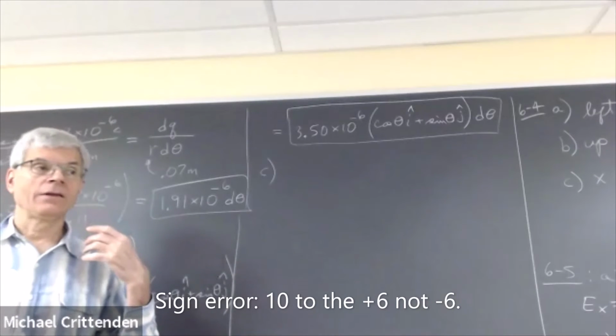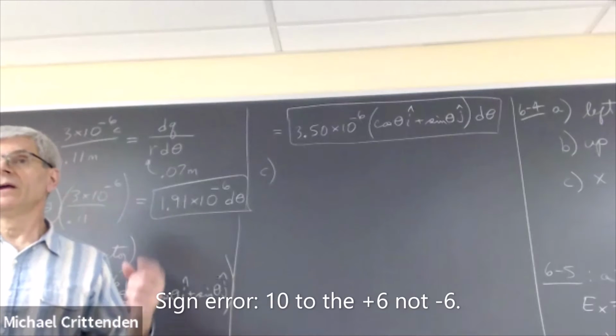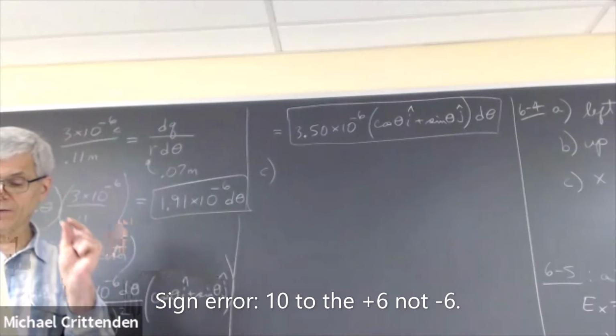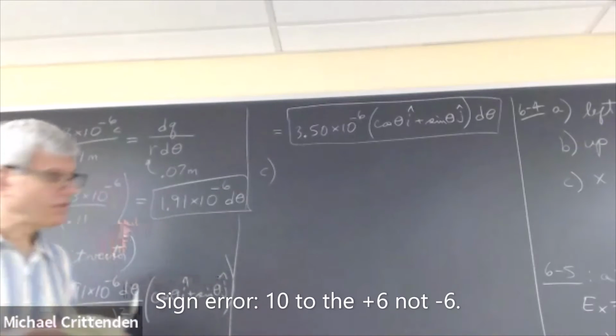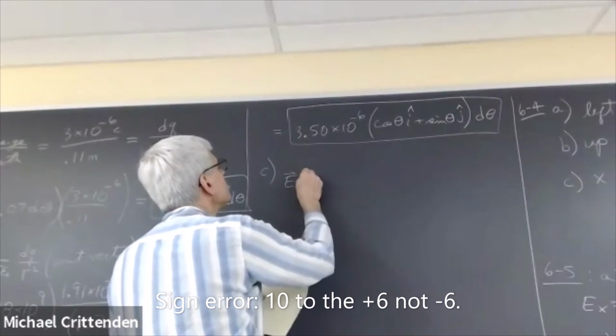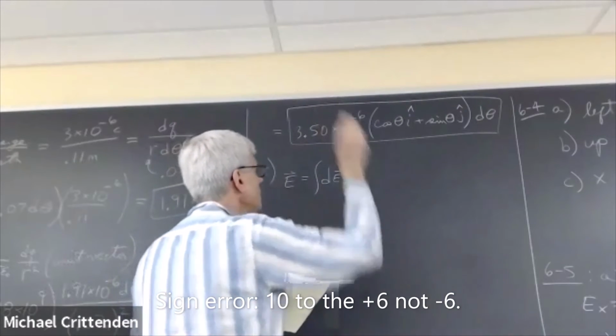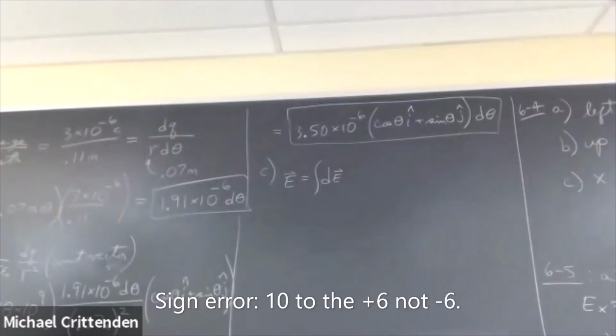To get the field of the entire thing from one end to the other, you have to add together the fields of all the parts. So, the superposition principle: add together the dE's and it adds up to the total E of the entire rod.